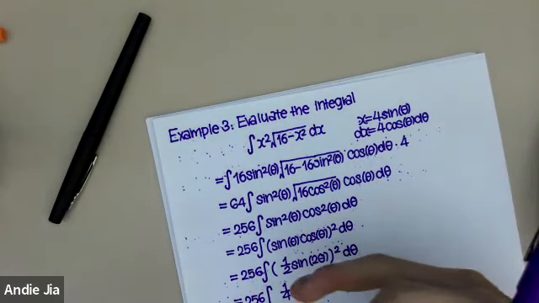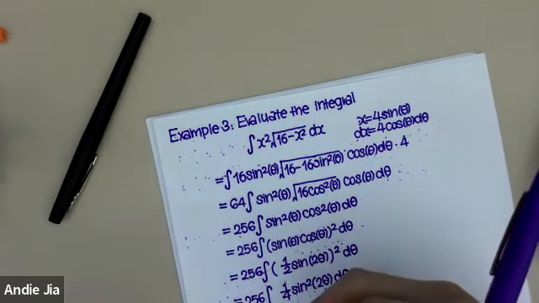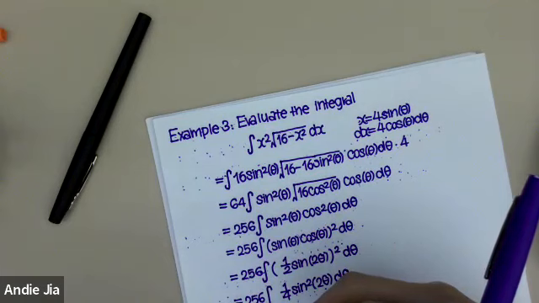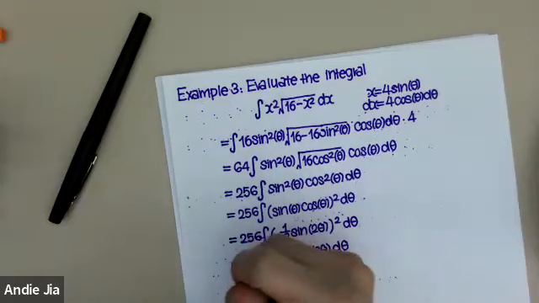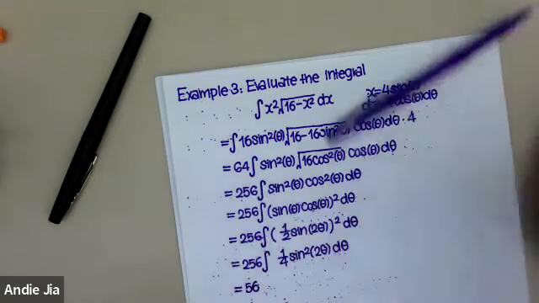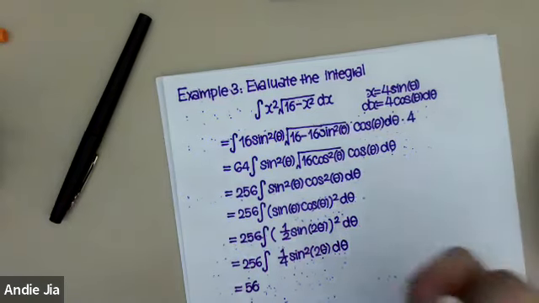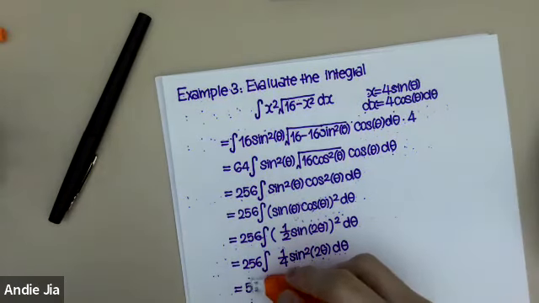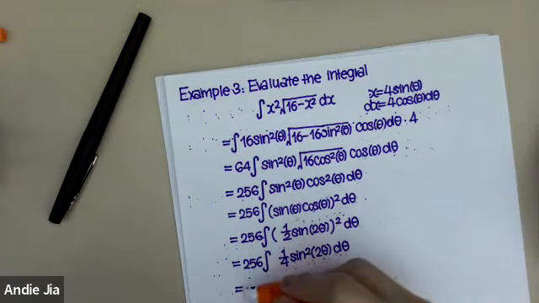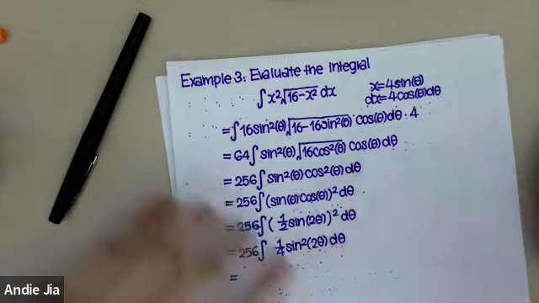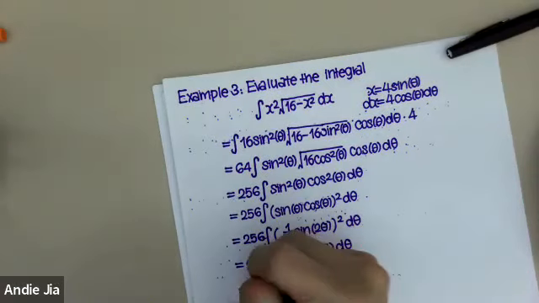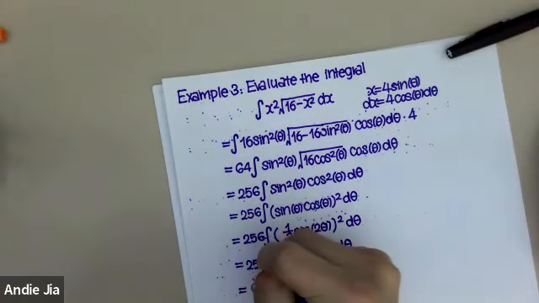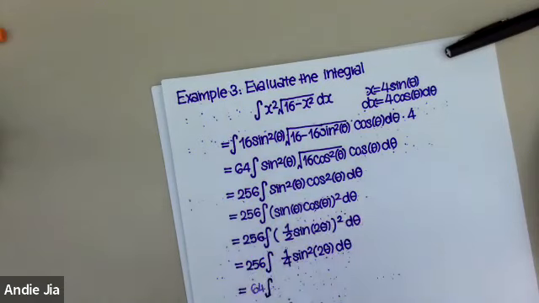And this is a sine even power, so rewrite again, a trig integral again. So it's going to be 64. Oh, how I just make the mistakes.